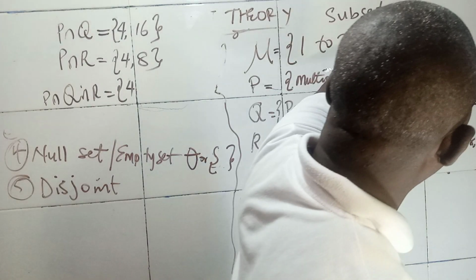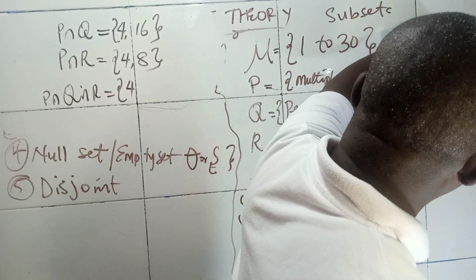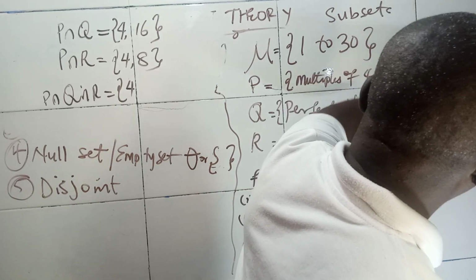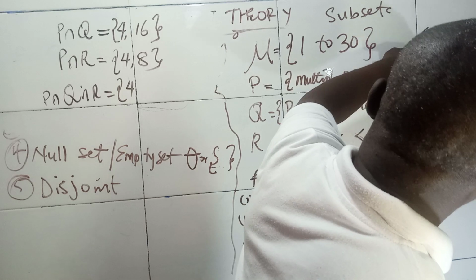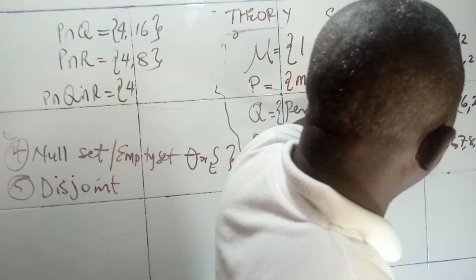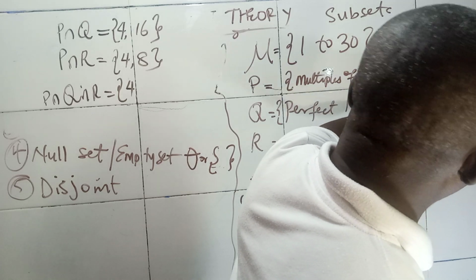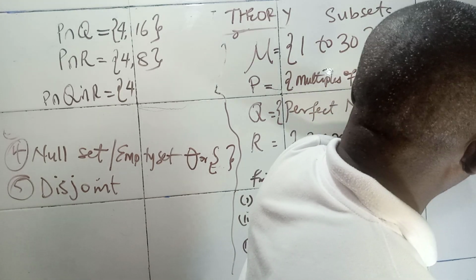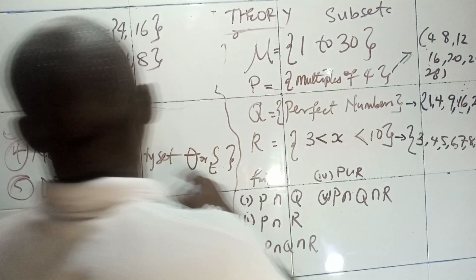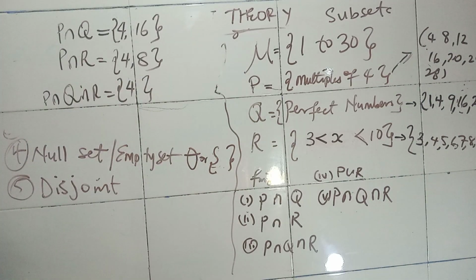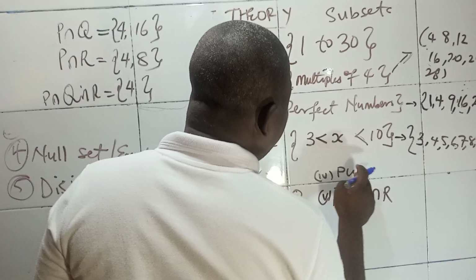Go to the next number, 8. Can I find 8 here? Yes. 8 here? No. So go to the next number, 12. Do you have 12? No. 16? Yes. Can I find 16 here? Yes. What about here? No. 20. No. 24? No. 28? No. So P intersection Q intersection R is what? 4.